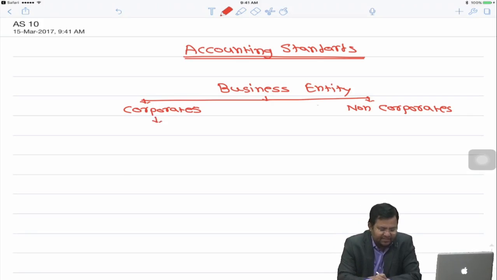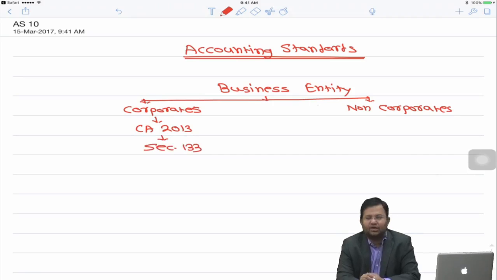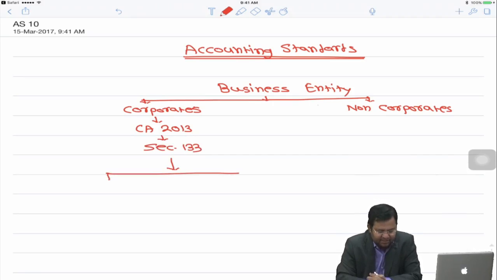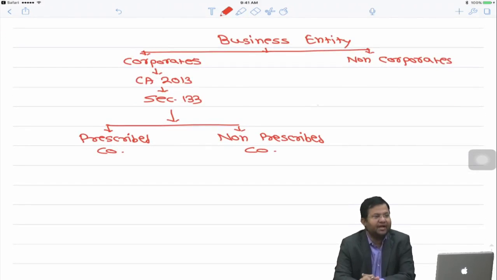For corporate entities, the Companies Act 2013 applies now. Section number 133 of the Companies Act 2013 basically talks about accounting standards. Section 133 has divided companies into two parts: prescribed companies and non-prescribed companies.